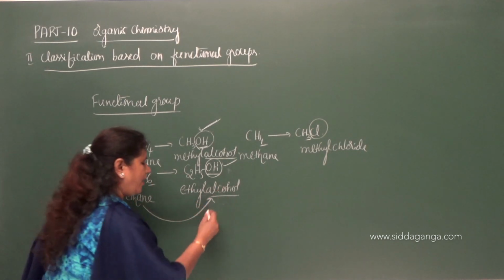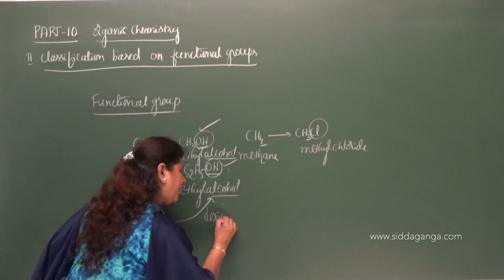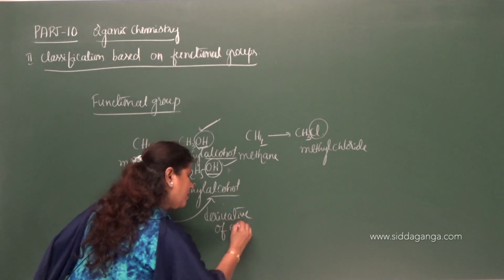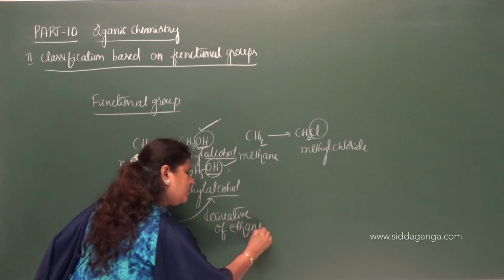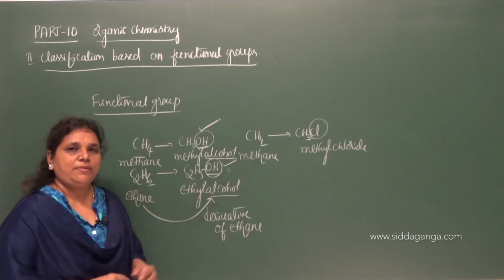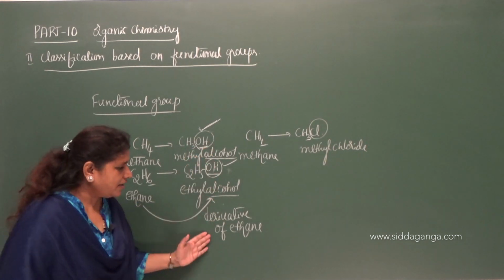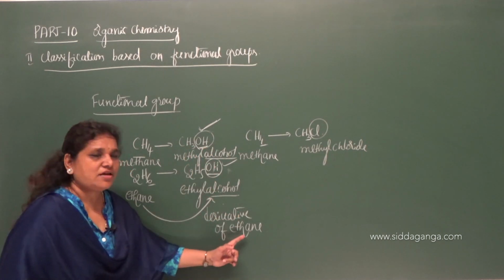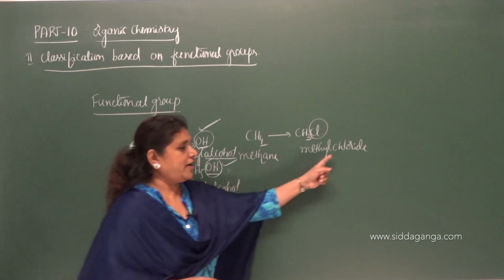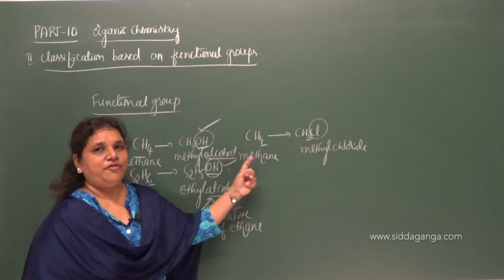Therefore ethyl alcohol is called a derivative of ethane. So methyl alcohol or ethyl alcohol are nothing but derivatives of alkanes in general. Methyl chloride is also a derivative of methane.